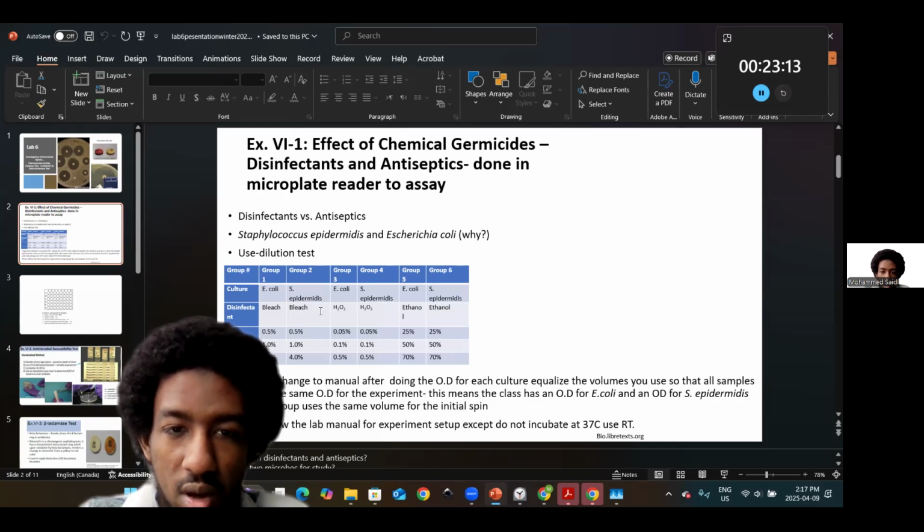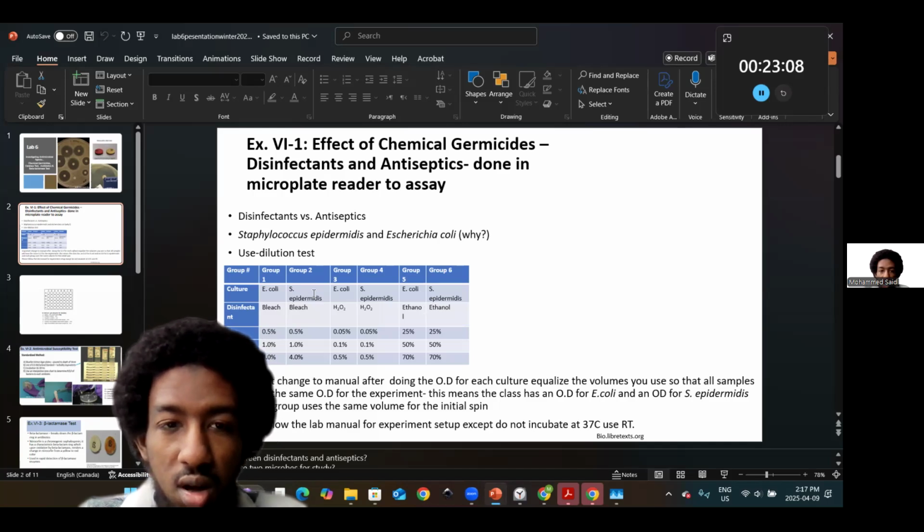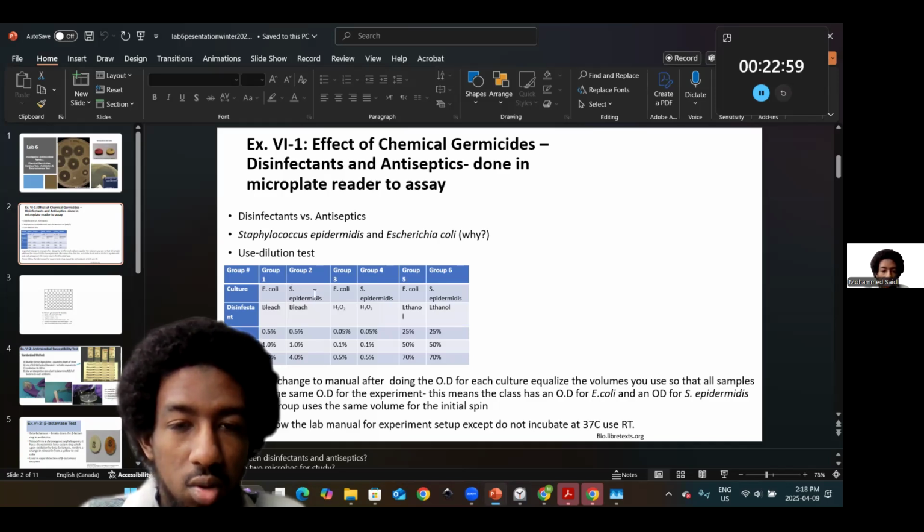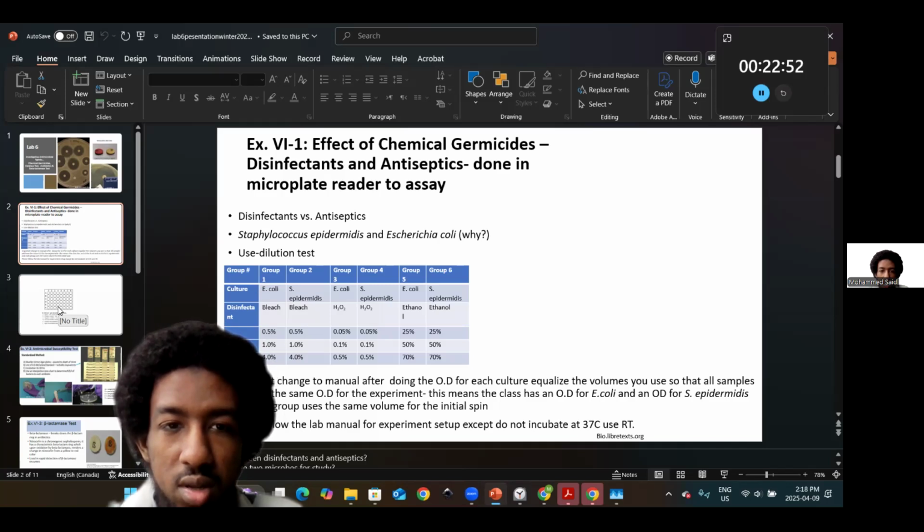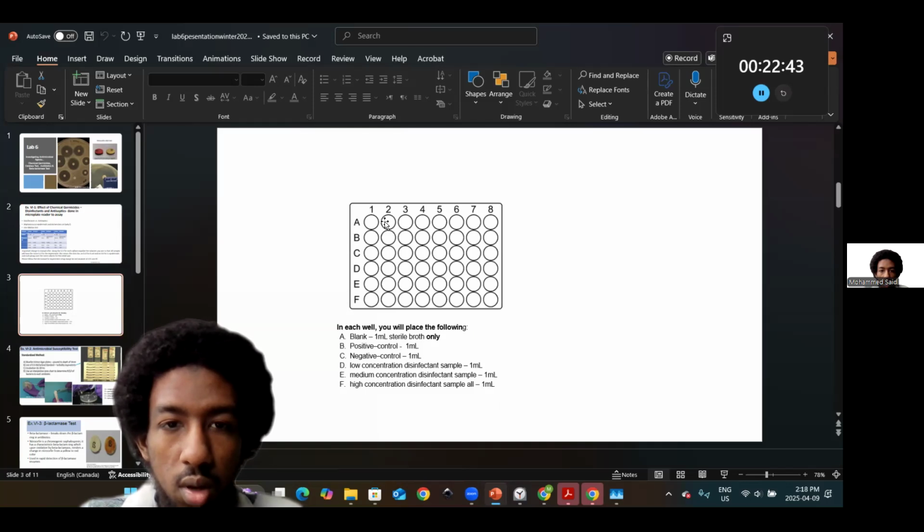We have bleach, hydrogen peroxide, and ethanol, and we test them, as you recall, across different concentrations, a myriad of them for different germicides, and for both types of bacteria. Notice the different traits that these two bacteria have. Thereafter, if you recall, we would have grown them or resuspended them, done what we would have done for a microplate reader, and placed the blanks.